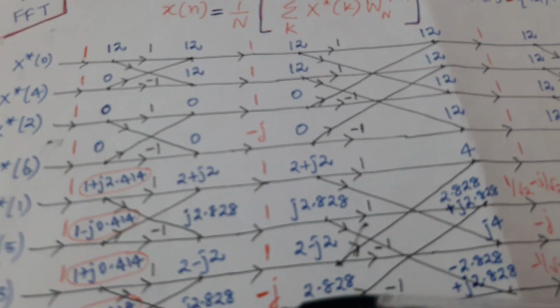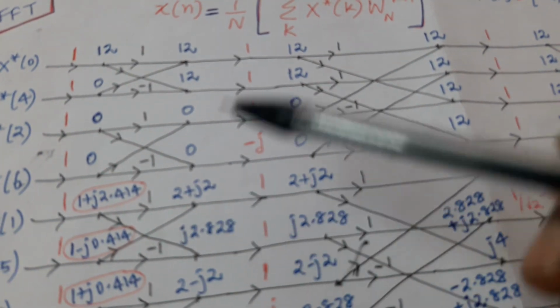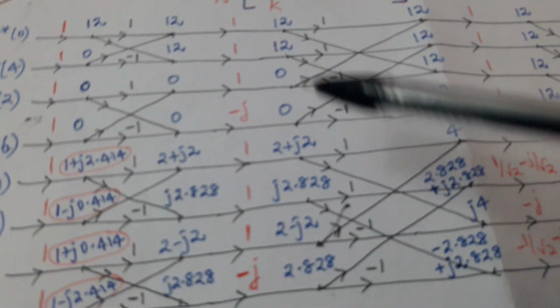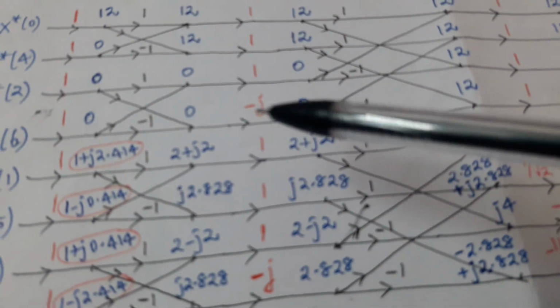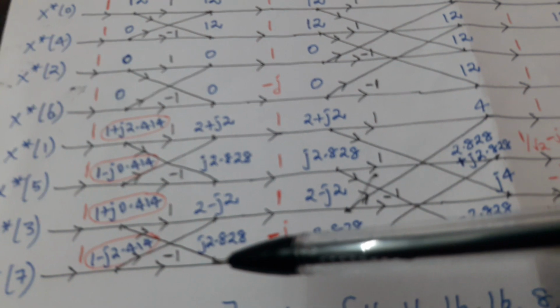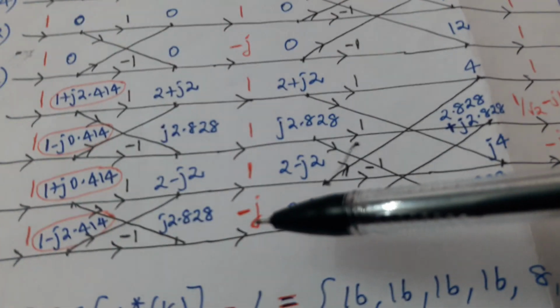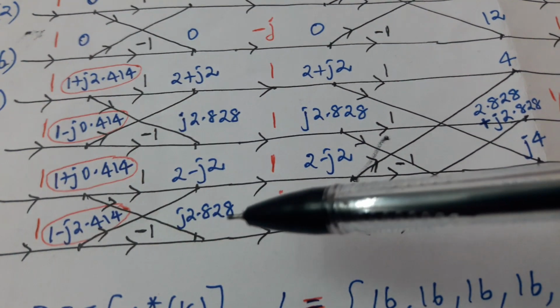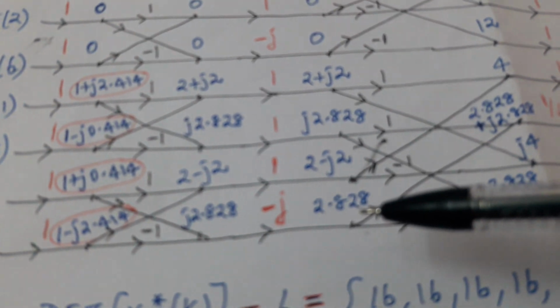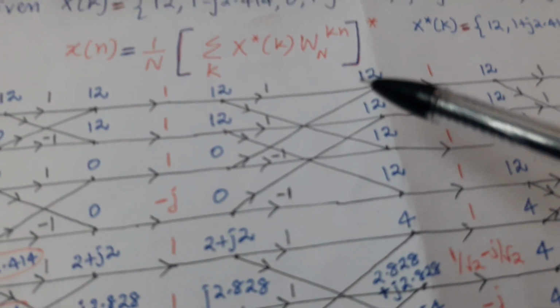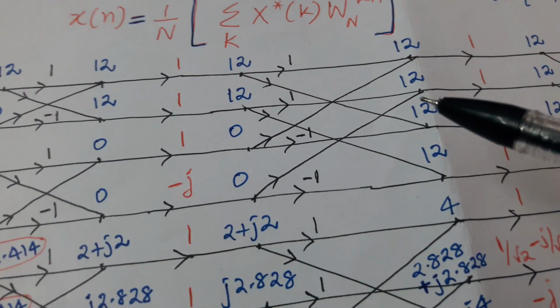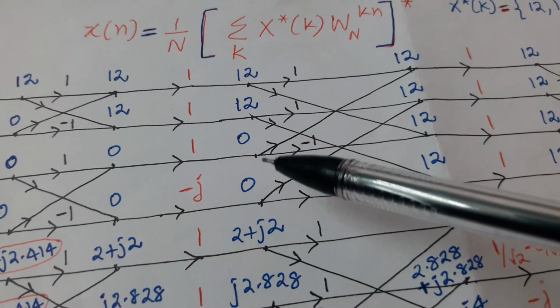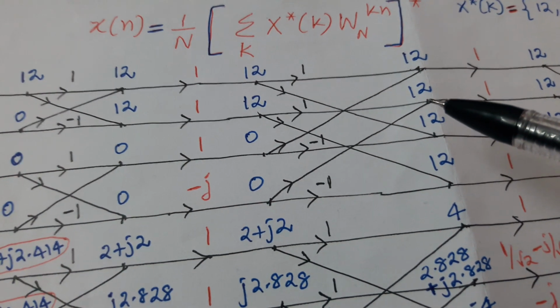Then the phase factors. The output of the first stage multiplied by the phase factor will give the input to the second stage. 0 into minus j is 0, and j into minus j is minus j squared, which is plus 1. So plus 1 into 2.828 is 2.828. Clear? Then again this one is a1 plus b1, and this one is a2 plus b2.